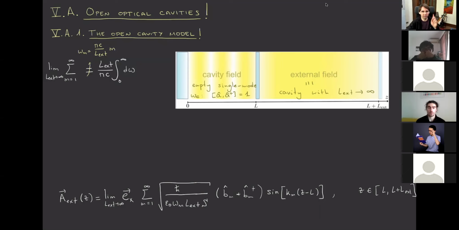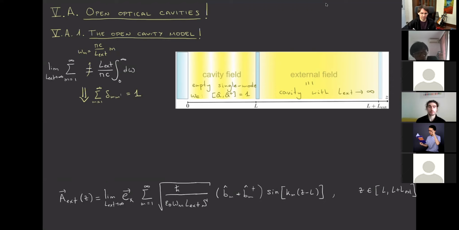Now, if we replace sums by integrals, we still want the condition on the Kronecker deltas to be satisfied, in the sense that if I have the Kronecker delta of m and m prime, and then I sum over m, this is equal to 1.